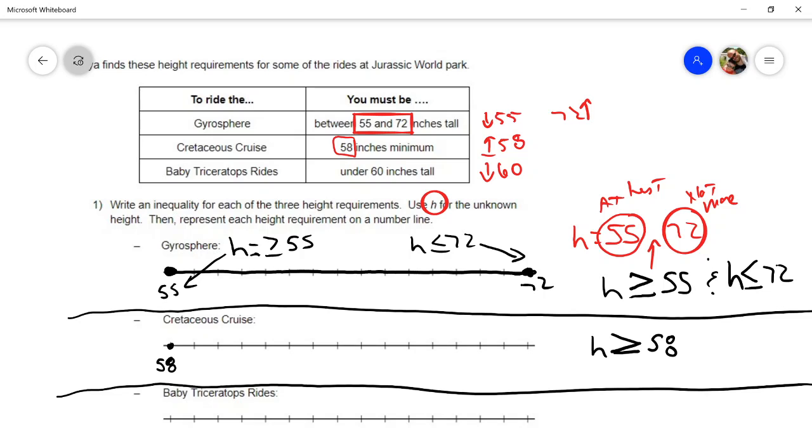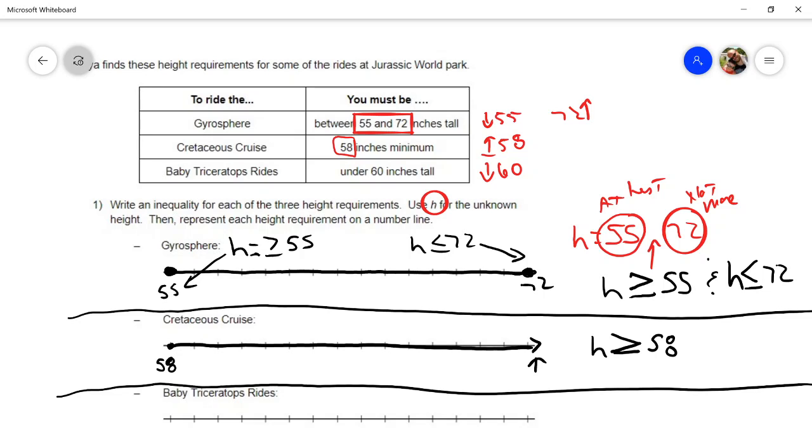I'm going to include it, and then everything above. Okay? Now you can see that I have the arrow at the end where I don't on the first one, because the arrow is showing me that it's just going to keep going up. I have no limit. It didn't say between or the maximum of, it just said a minimum.